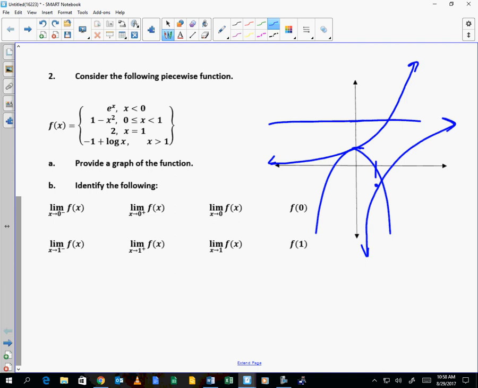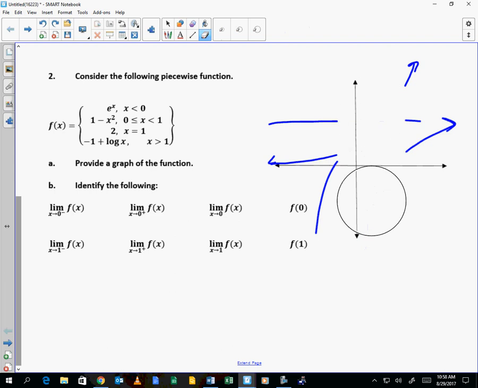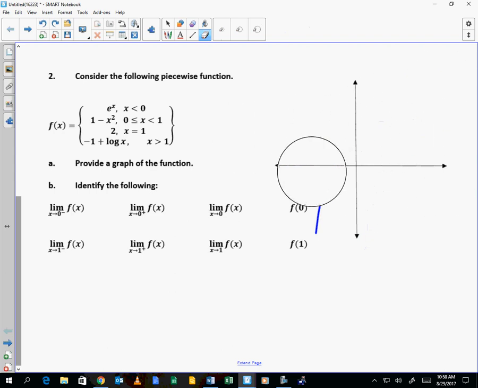Okay, so let's kind of back up and piece these together. You do the e to the x for x less than 0. I plug in 0 and you get? Yep, 1, because anything to the 0 power is 1.